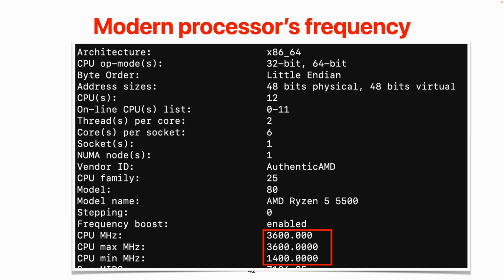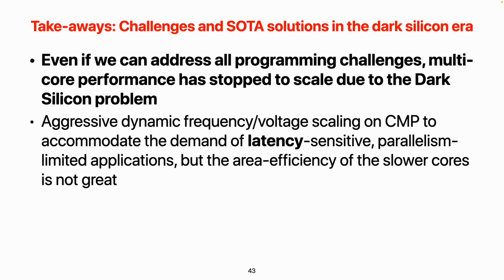This is not unique to Intel processors. Even AMD processors also have quite a wide range of frequencies that you can adjust. The reason why adjusting frequency is an option is that frequency has an effect on performance and on power consumption as well.